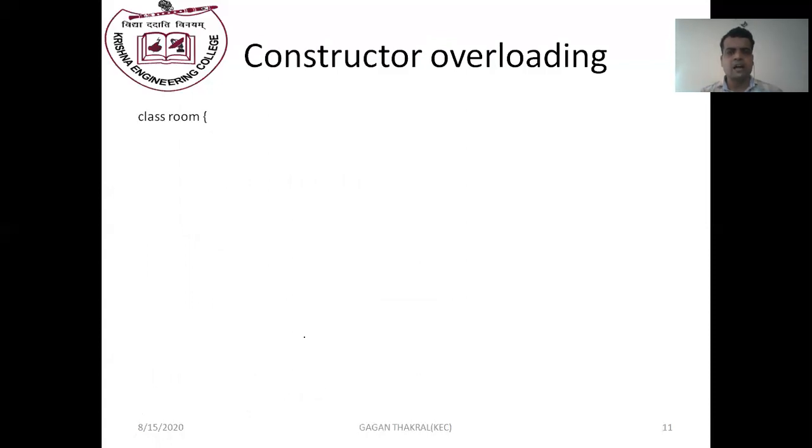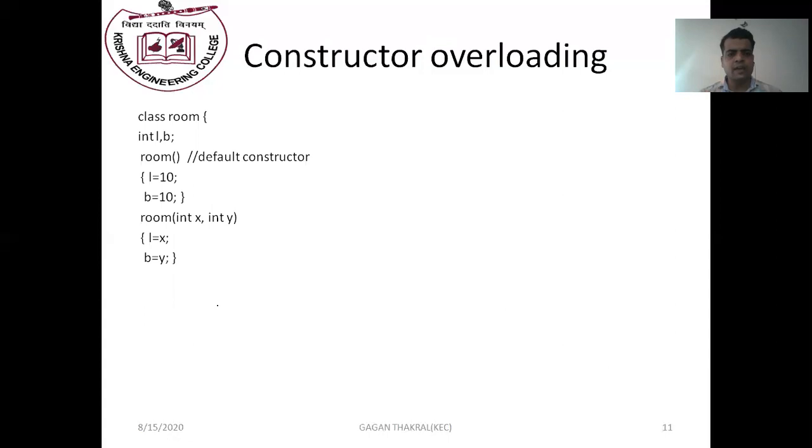Now we create a class room. Again we write two variables, length L and B. Now we again create a default constructor as created in the previous program, initializing the value L with 10 and the value B with 10. Now we create a new constructor which has two arguments, integer x and integer y.